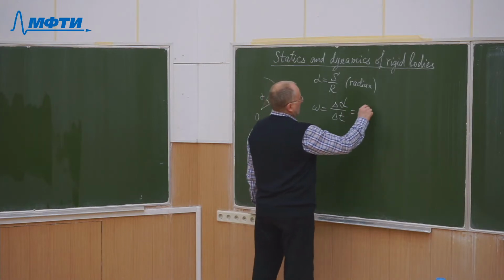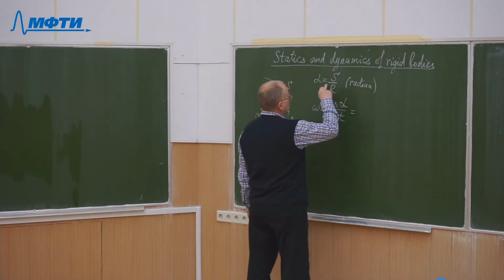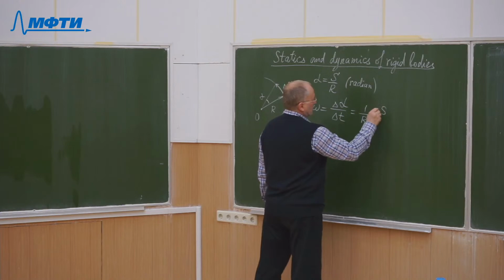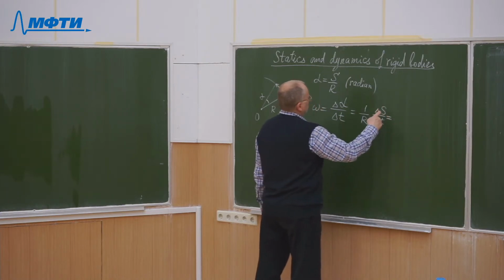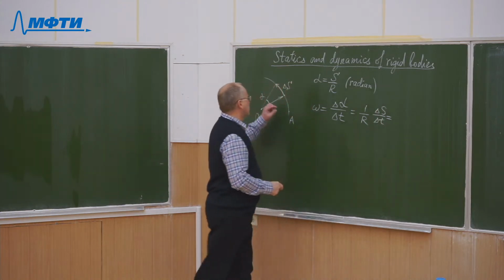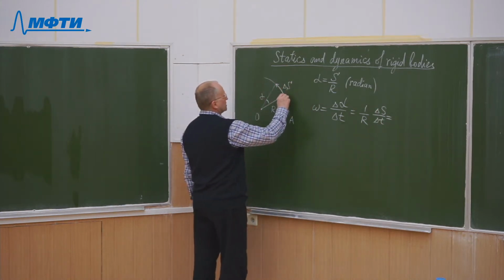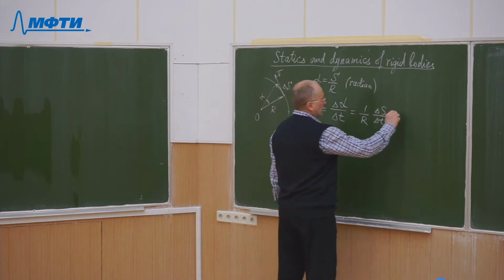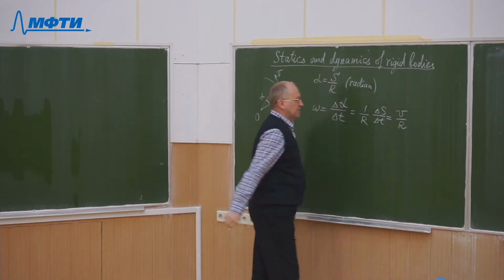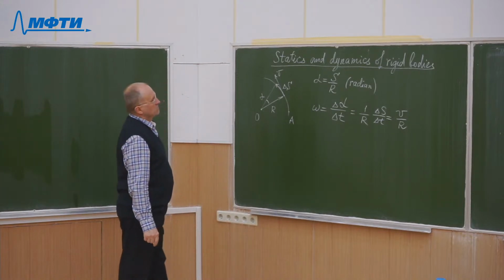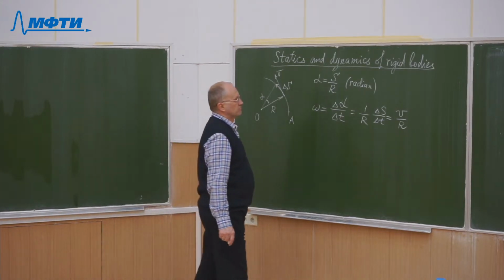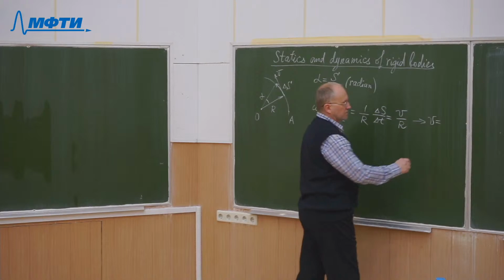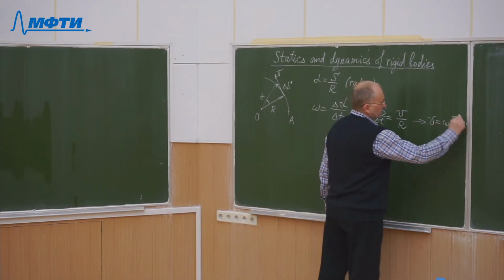According to this definition, it will be 1 divided by R times delta S over delta T. Delta S divided by delta T is the average velocity of the point on this interval. So that will be the velocity divided by radius R. From here we can find the velocity if we know the angular velocity: angular velocity times radius.